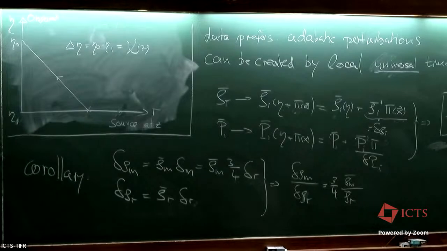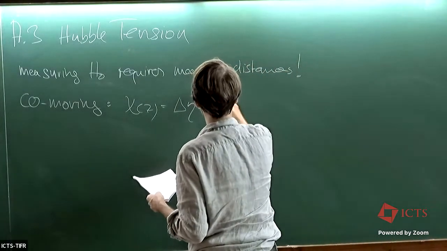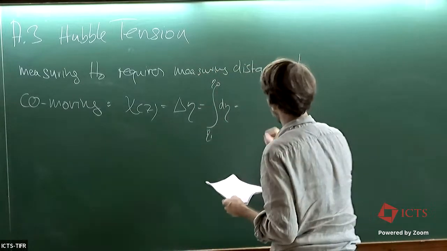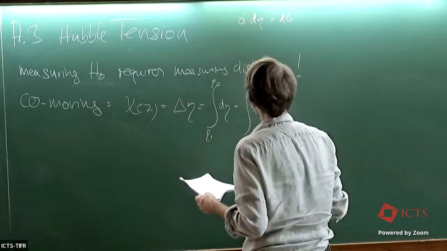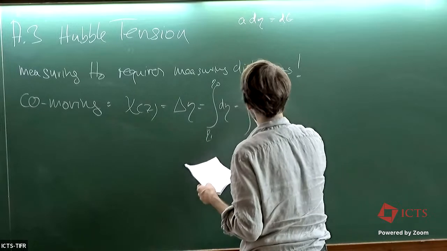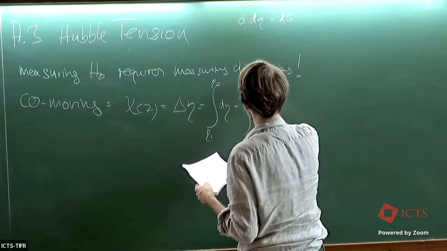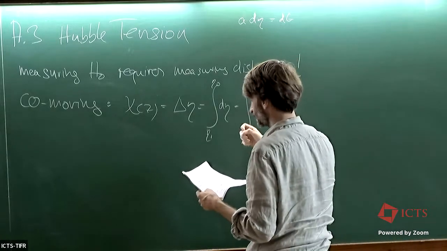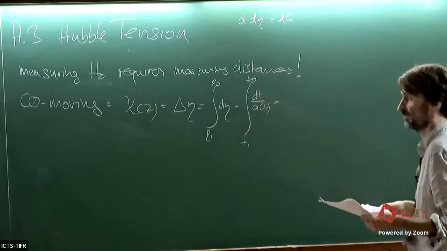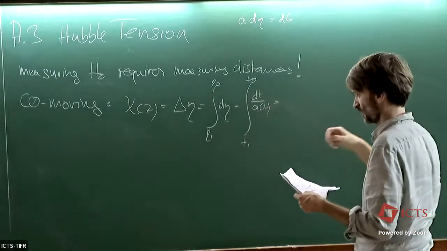So we can just calculate it. As I said, it's this delta eta, but we can write it as an integral from eta 1 to eta 0. And then we can simply use from yesterday that a d eta equals dt. And we can write this in terms of physical time or FRW time from t1 to t0. And then we are almost there, because then we can rewrite the t integral in terms of a redshift integral.